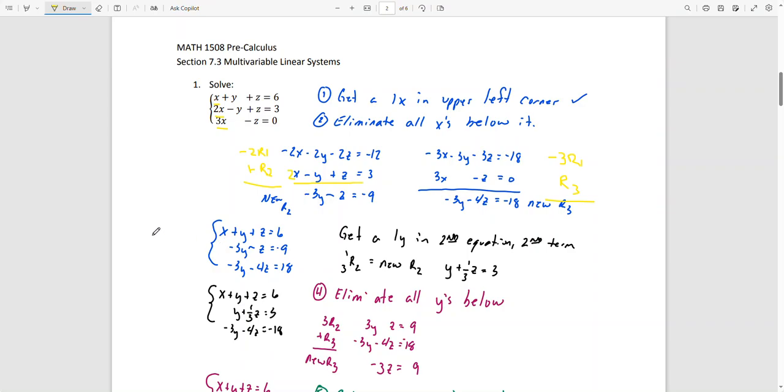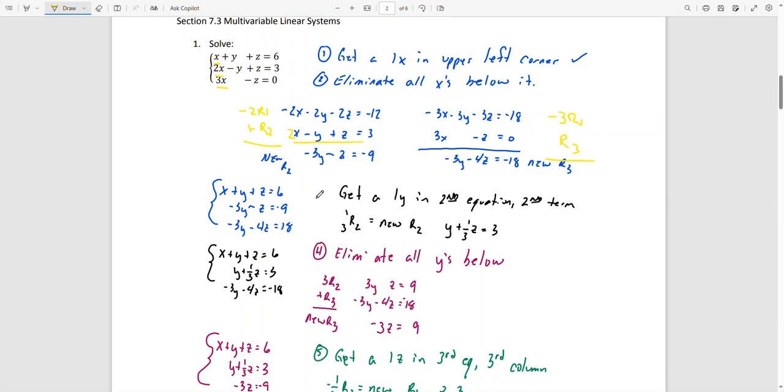All right, so we've started that step pattern. We're great with x's. Our next step, step 3. It looks like not all my ink stayed, and that happens sometimes. Get a 1y in the second equation, second term. So I want this to be a 1y.